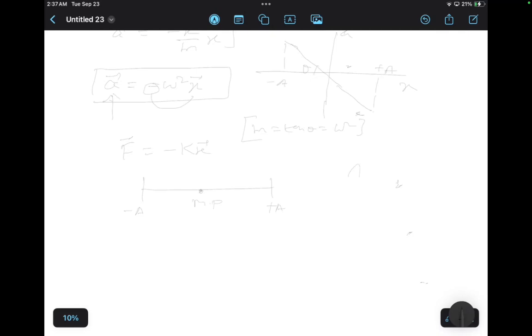What is this? This is the amplitude. We call this position the amplitude. We can define the amplitude in many fashions. First, we can define the amplitude as the distance from the mean position, or we can define it in this manner, that it is the separation between the mean position and the equilibrium position.